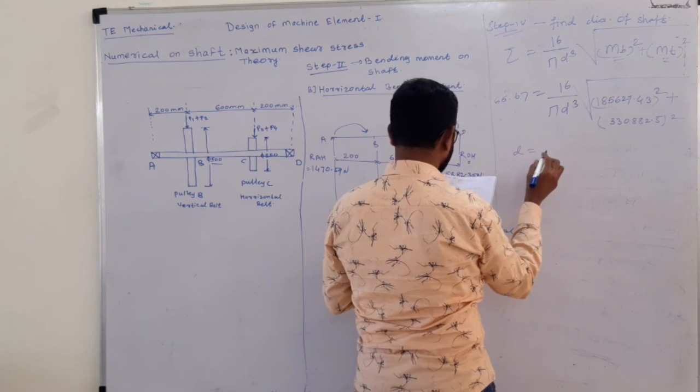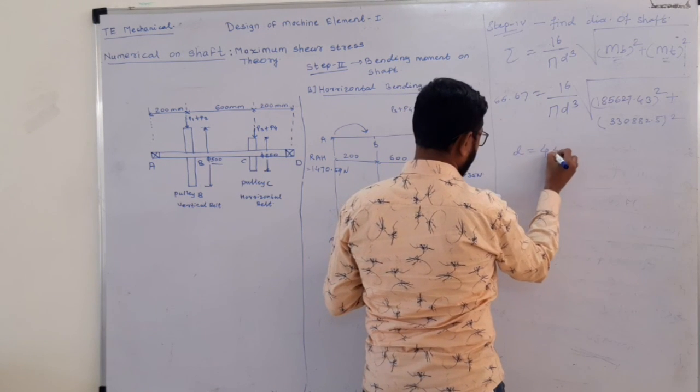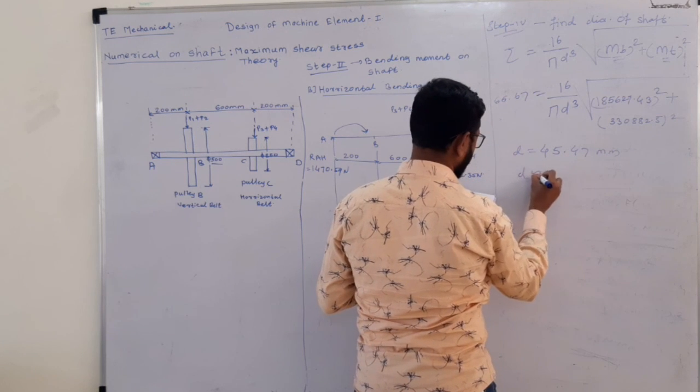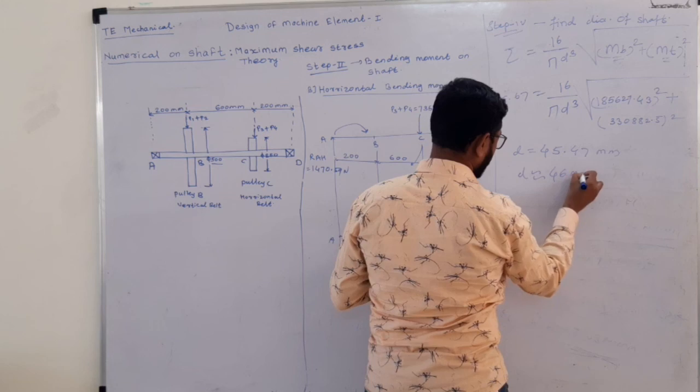You will get the answer by calculation. Diameter D is 45.47 mm, means approximately it is 46 mm.